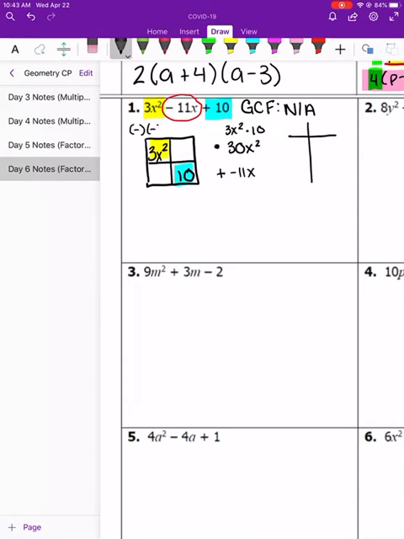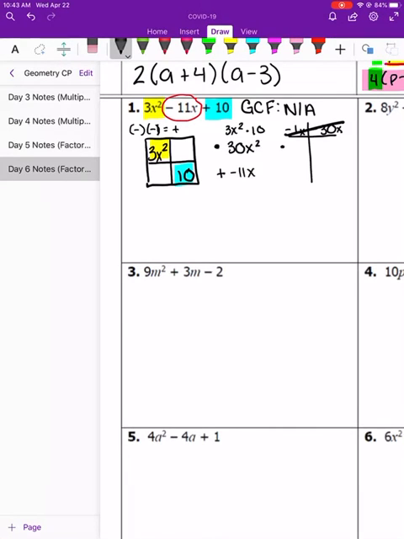Negative times negative equals positive. Okay, so I'm going to do negative numbers all the way through. So negative 1 times negative 30, negative 30x. Okay, those multiply to give me positive 30x squared, but they don't add to give me negative 11x.